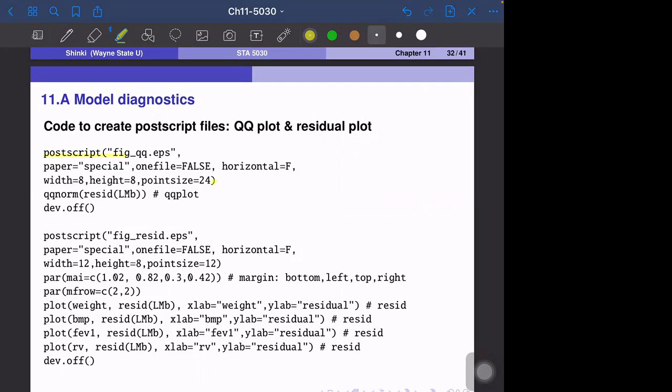And you can specify options such as the font size or the entire width or height of the graph. So this is an 8 by 8 inch graph. And some other options. This is also the shape of the entire graph. And then QQ-plot, then dev.off, then we finish this PostScript file.